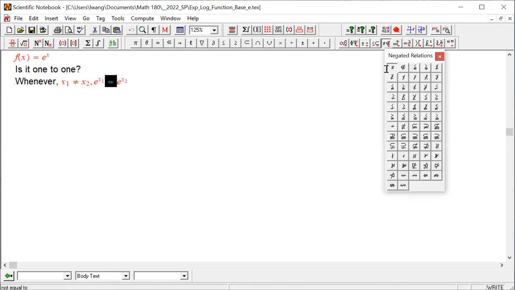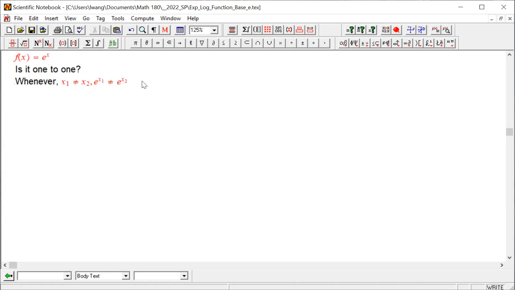So whenever the inputs are different, the outputs are different, where x sub 1 and x sub 2 are any real numbers. Well, this is just addressing the domain of e to the power x.